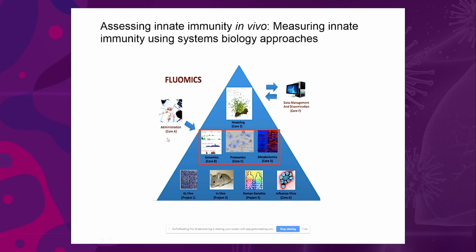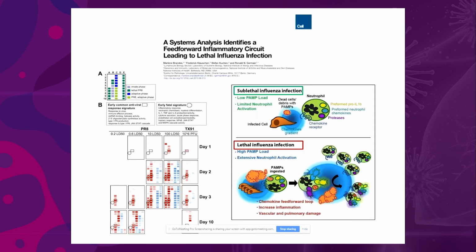This requires systems biology approaches, so it requires combinations of genomics, proteomics, metabolomics, animal models, human models, human genetics, and so on. And a very interesting way, you can look at that, this was done in a seminal study published in Cell a few years ago.